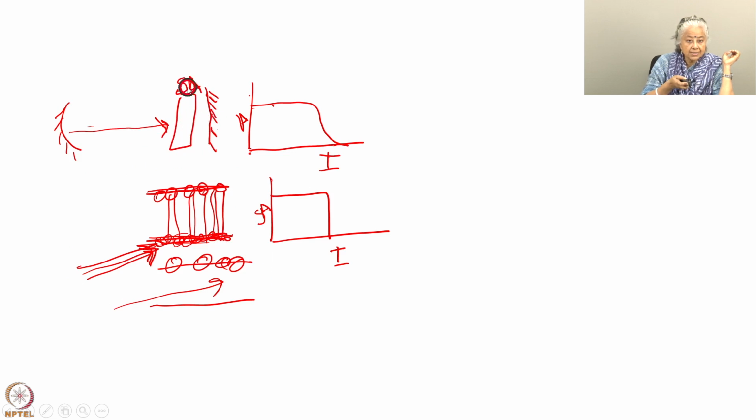All that light has been absorbed here, and they help in bleaching this dye, the dye molecules. Or in case of a semiconductor, the same thing is happening. Okay, so nothing is coming here. So that means this shutter is closed. At this point, the shutter is closed.